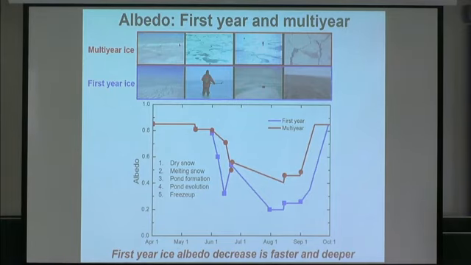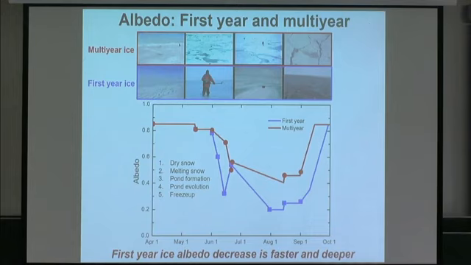The red is for multi-year ice, the blue is for first-year ice, and they're the same as long as the snow's there. But once the snow is gone, you see a big deviation: the albedo for first-year ice drops off very quickly because you have this extensive pond coverage. And throughout the entire season, the albedo on first-year ice is less than it is on multi-year ice.